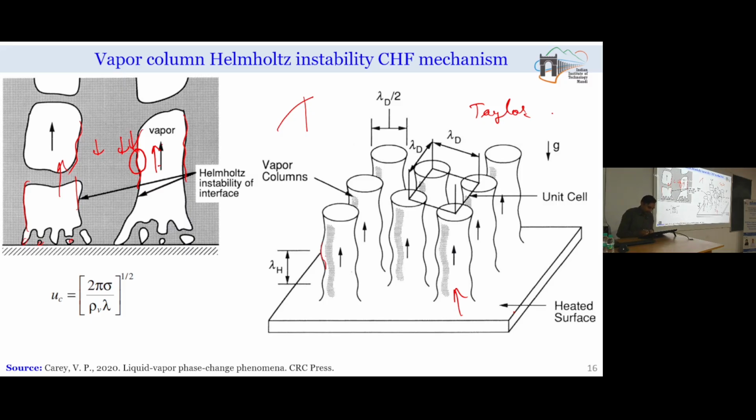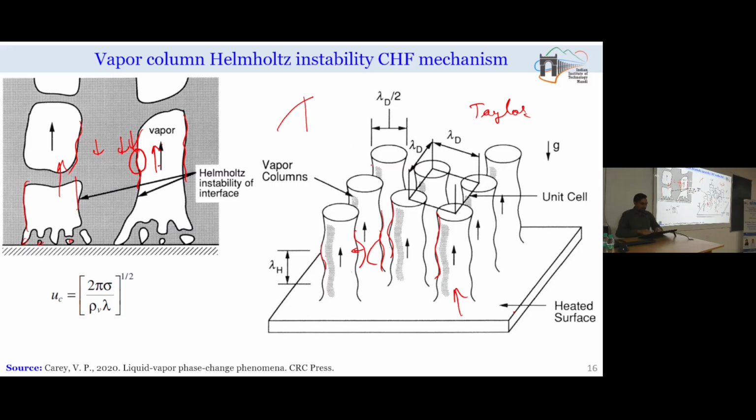But when these columns are rising, these columns have certain surface waves, and these surface waves can either increase their amplitude with time, and two waves can merge together to form a single vapor chunk, or if this amplitude is diminished, then this will keep on moving as a vapor column. If it keeps on moving as a vapor column, my nucleate boiling regime will keep on continuing.